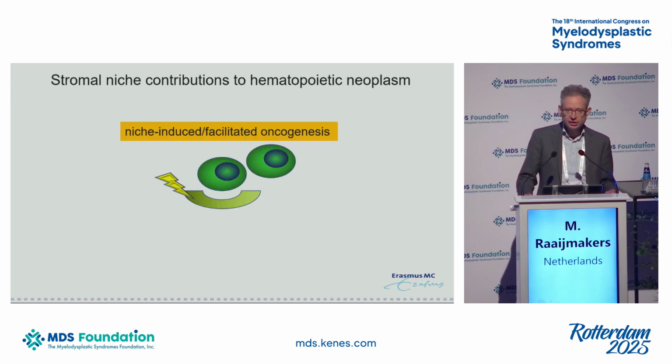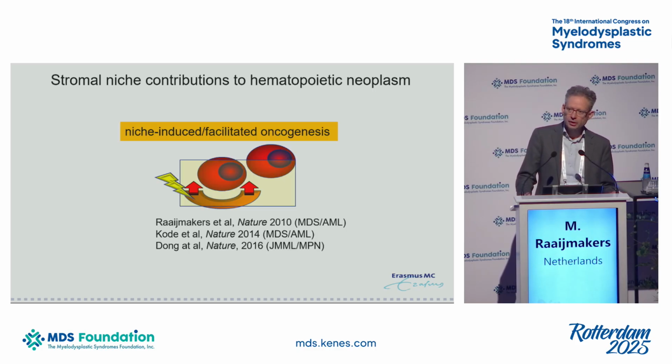So very briefly as an introduction, there is insight mostly from mouse models that primary alterations not per se in hematopoietic cells, but in stromal microenvironmental cells can lead to leukemia predisposition and ultimately a clonal myeloid disorder.